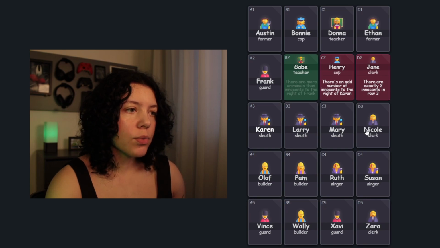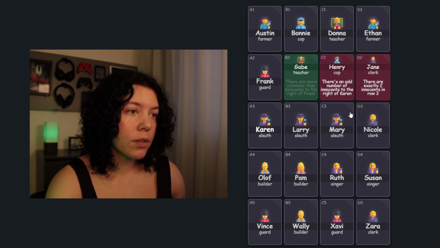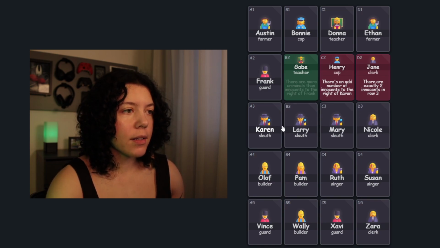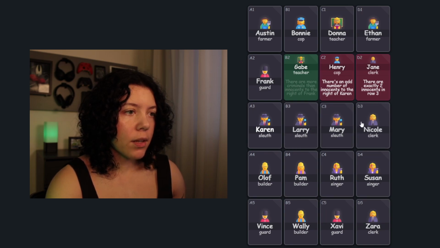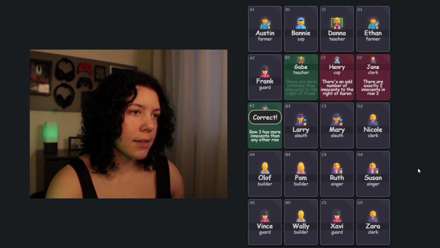Oh, so since we know there's an odd number of innocents to the right of Karen, and there can't be 3, because there are only 2 innocents in row 3, there has to be only 1. And where can the other innocent in row 3 go? If there can only be 1 among these people, Karen has to be the other one. So Karen is an innocent.